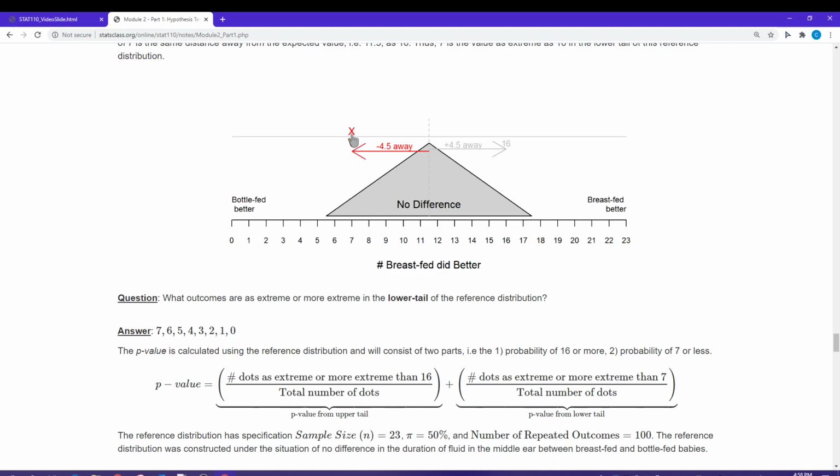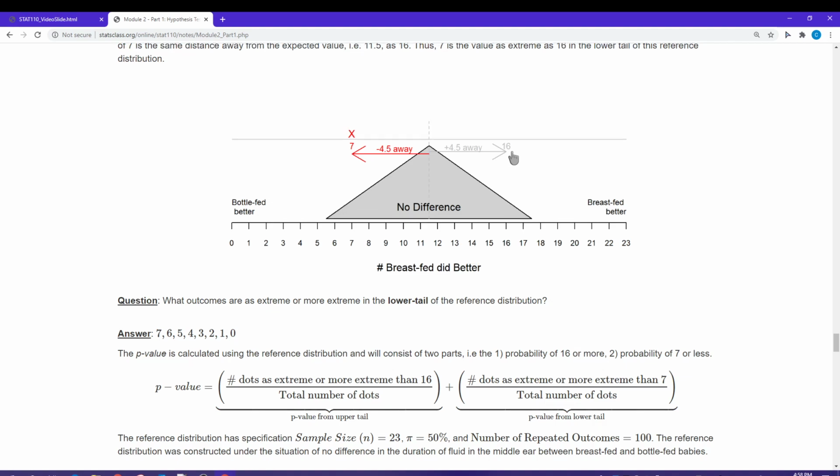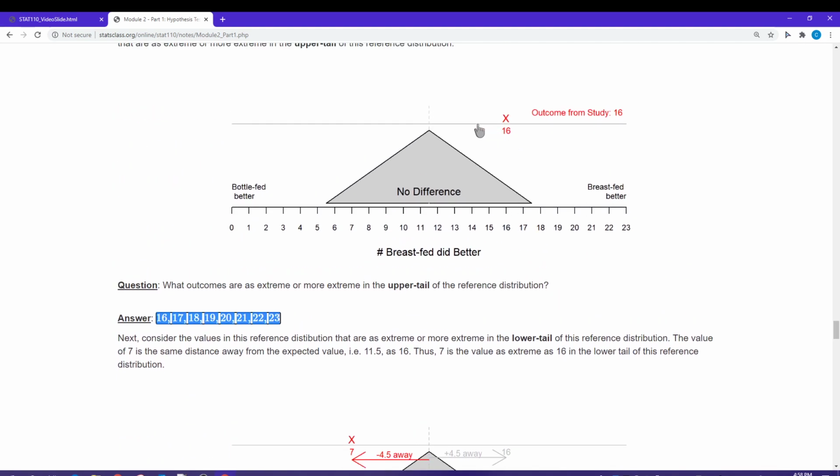So how do I figure out the values on the left side? Well, 16 here, let's go back up here and look. 16 here is 4.5 away from the middle of this curve, or this reference distribution. 16 is 4.5 away from the expected value. So I need to drop 4.5 down and use anything that's more extreme than that on the left side.